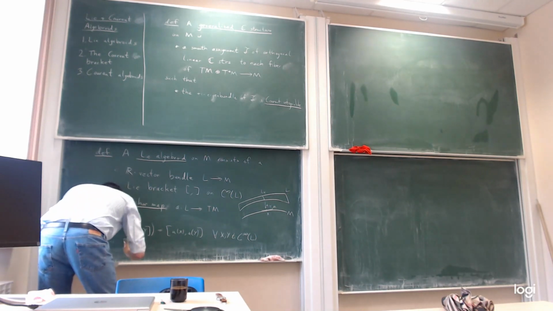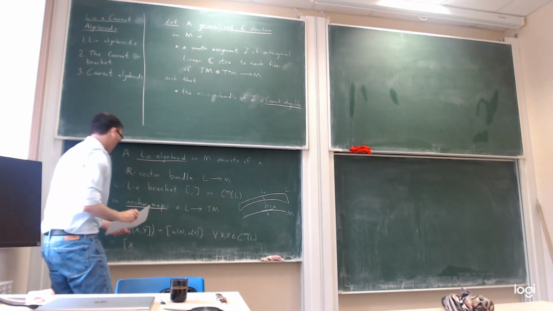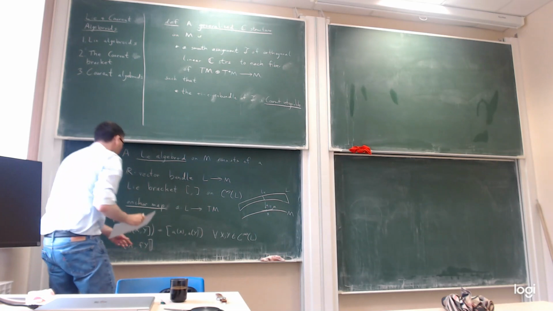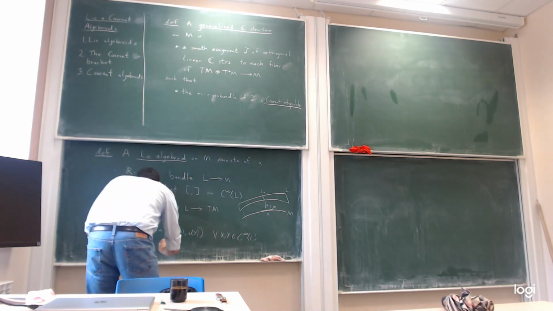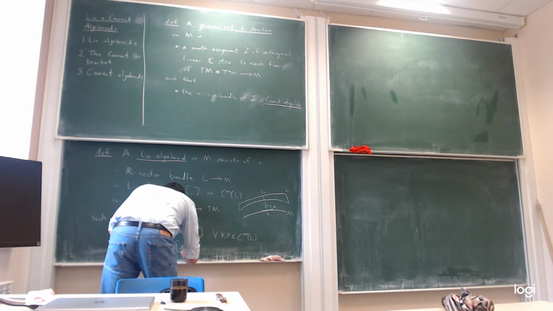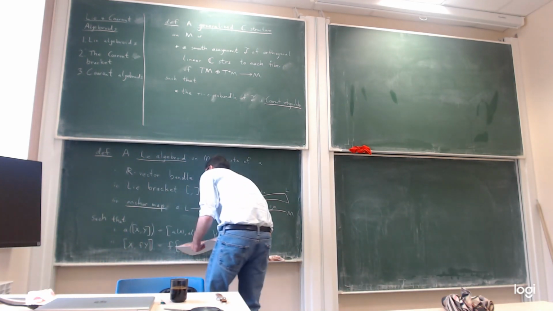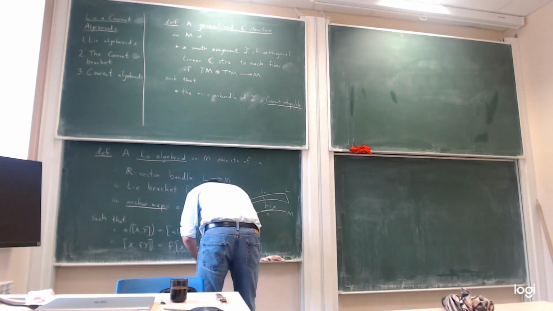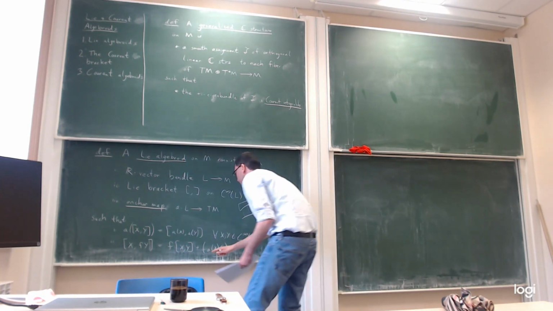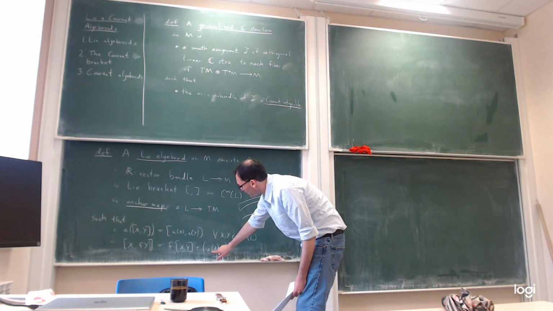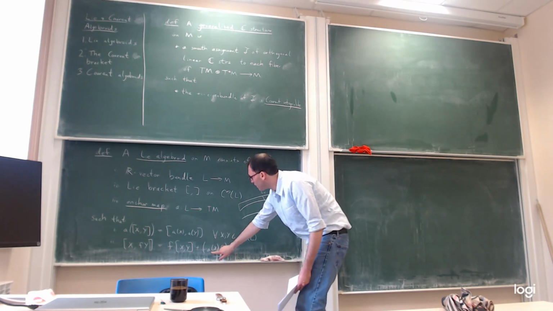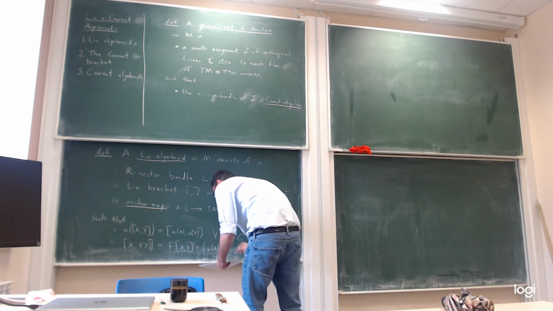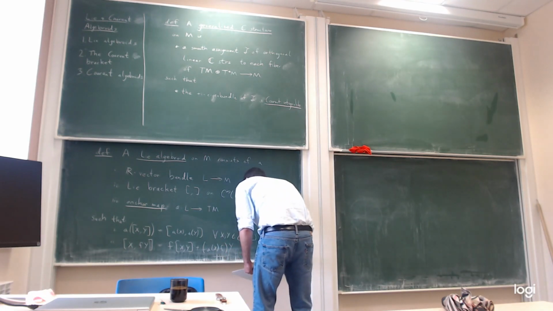And then second, we have a Leibniz condition, which says that the Lie bracket of x and fy, where f is a smooth function on M, is equal to f multiplied by the bracket of x and y, plus Ax applied to f times y. Here Ax is a vector field on M, and we're applying that vector field as a differential operator to the smooth function f, and we're multiplying that by the section y.